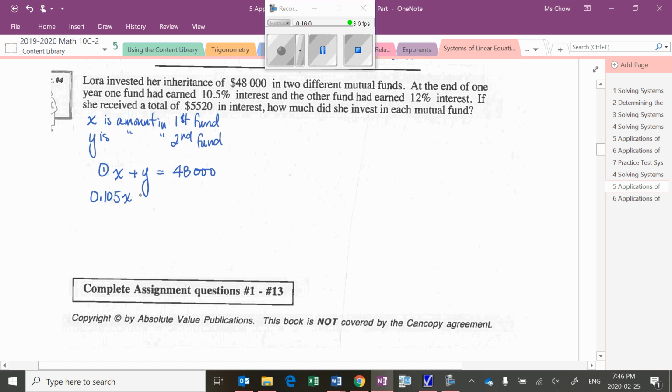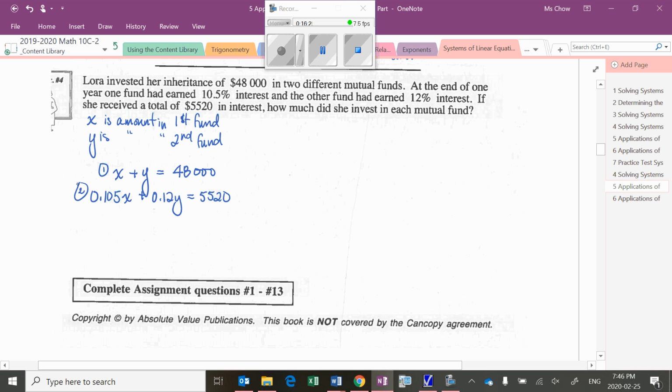And we'll do the same for the second fund, so plus 0.12Y, and the total interest earned is $5,520. And so that is our second equation.